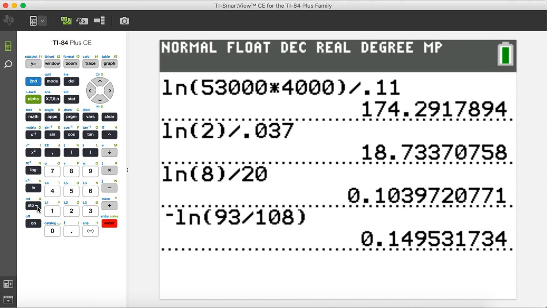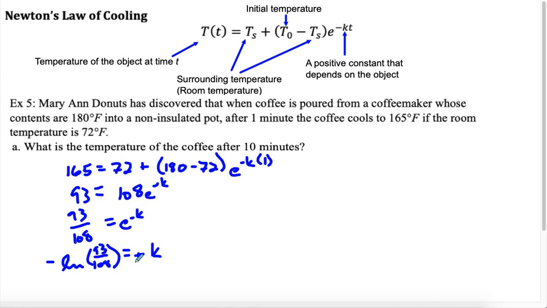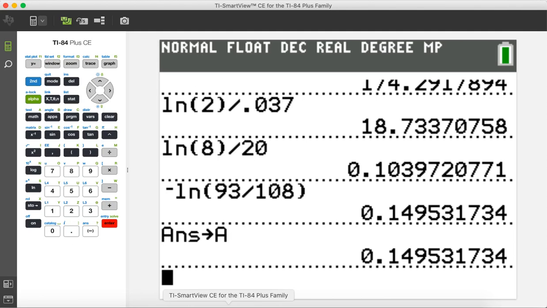To store a value in your calculator, we would press STO, and then I'm just going to store it under alpha A so that my calculator remembers it, and then I just have to type in alpha A whenever I want that value. It might also make sense to just store it under K. The value is 0.1495.